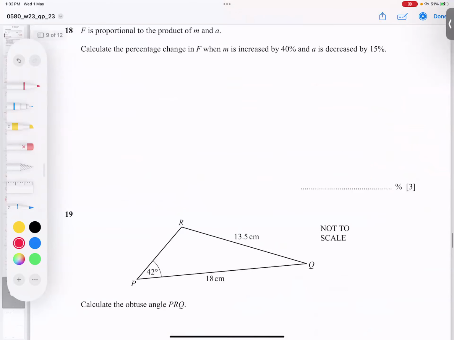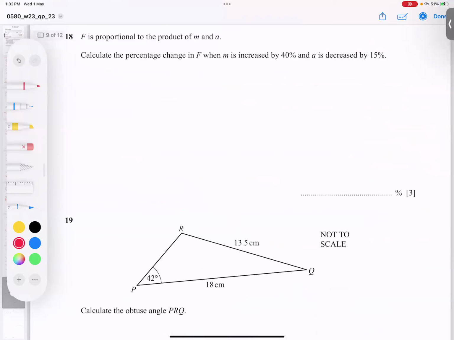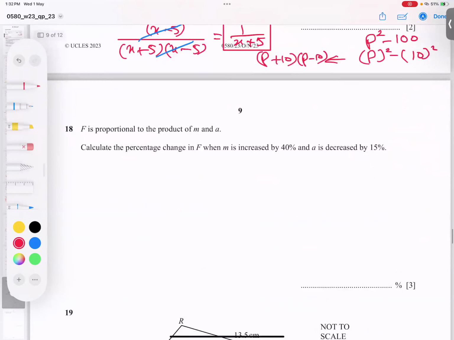Okay, question number 18. Question number 18 is, F is proportional to the product, or product means multiply, M and A. So if I show you proportional M and A, when I remove the proportional sign, we get a K, and MA comes automatically there.